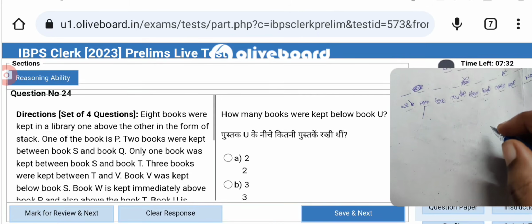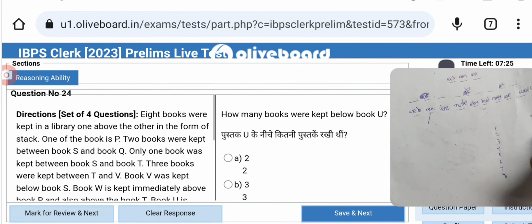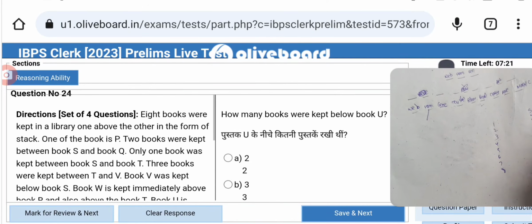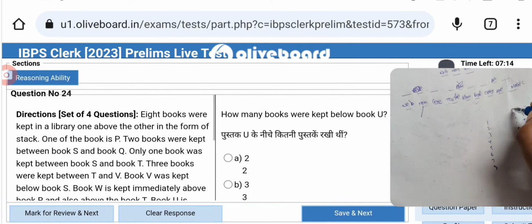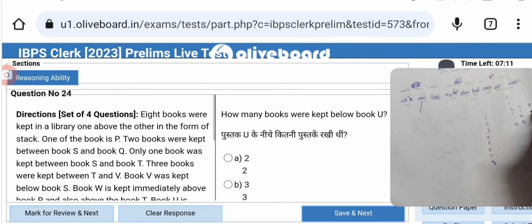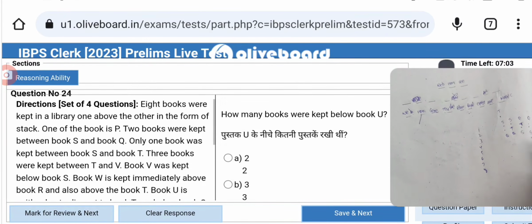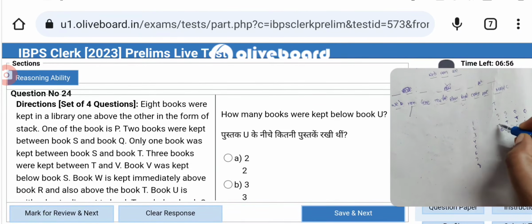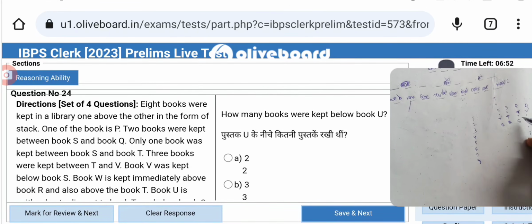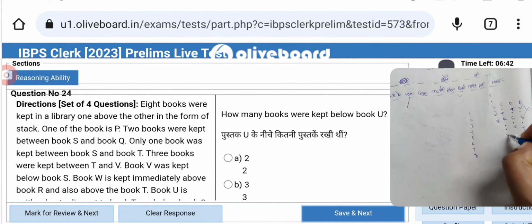One of the books is B. 2, 3, 4, 5, 6, 7, 8. 2 books between S and Q. Only one book between S and T. So S and Q, S and T. Next, 3 books between T and V. V is below S.